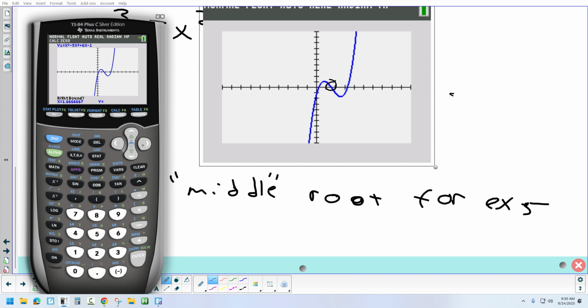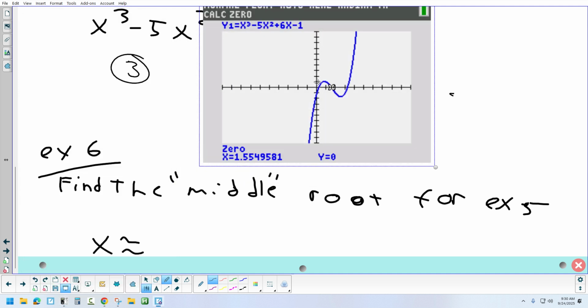Yep, to the right. You would not want to go over here. That's too far. Now you're going to get 2 in the same interval. Okay, we just want 1. And then the last thing is the guess, which doesn't matter. So the middle root, if you were going to round to 2 decimal places, is 1.55.